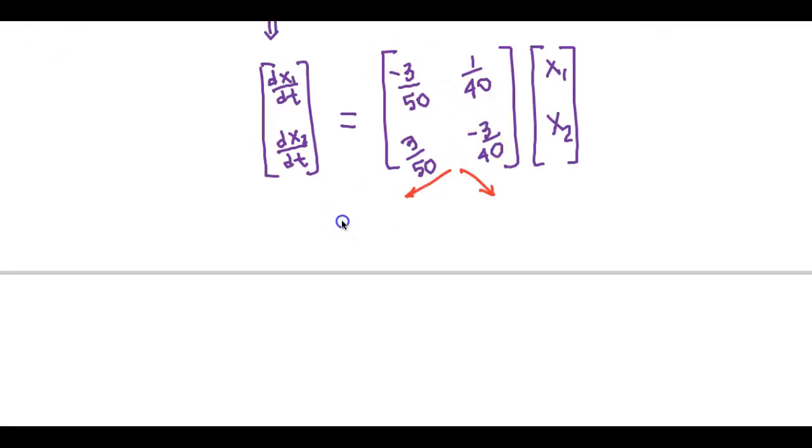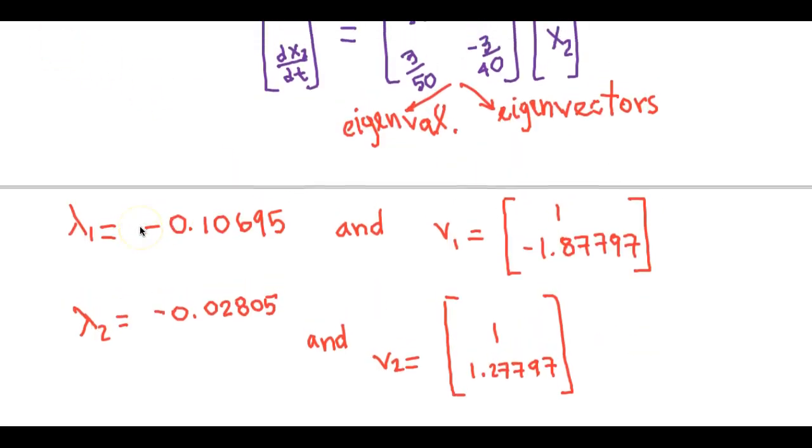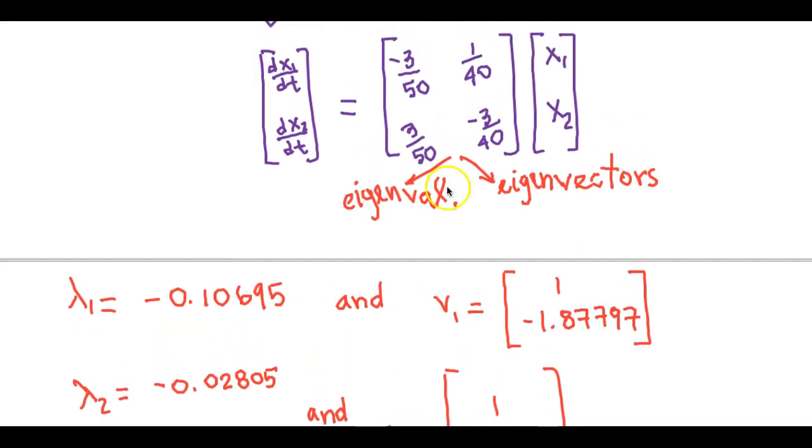For this matrix, we would need to compute the eigenvalues and their corresponding eigenvectors. We can compute these with a computer algebra system, and we will find that lambda 1 is the eigenvalue associated with v1.